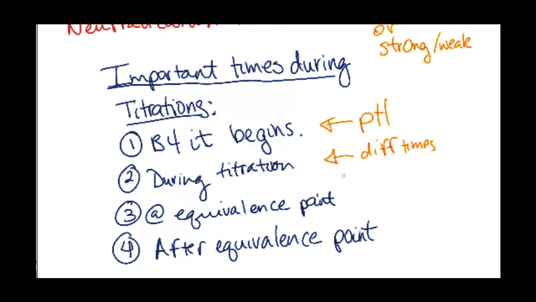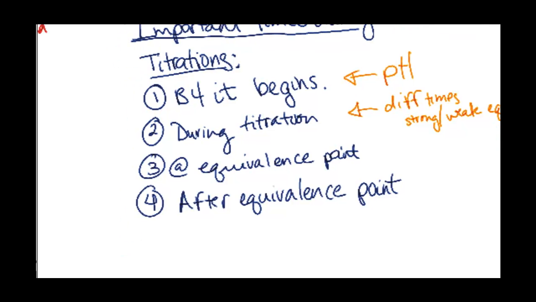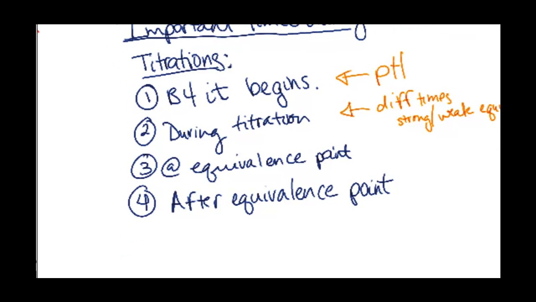Now there is a specific one during strong-weak that we'll address later at halfway to equivalence point. Something special happens. Okay. pH will end up equaling pK, and I'll go through why that is later on. And then at equivalence point here, what's happened is all of what you had in your beaker has been neutralized.